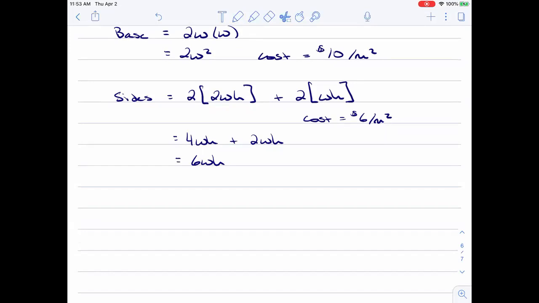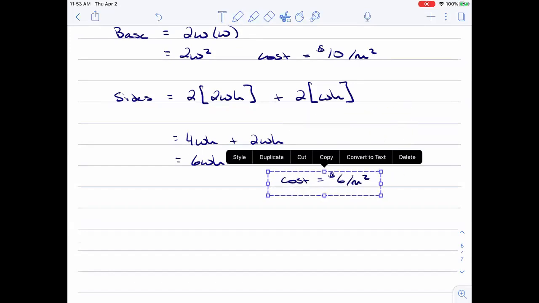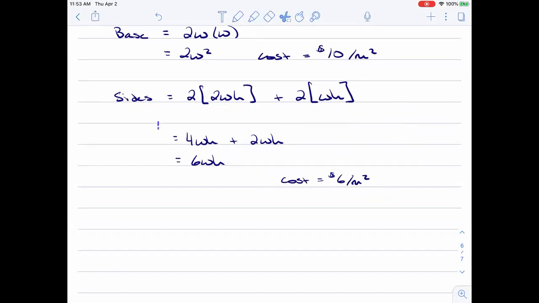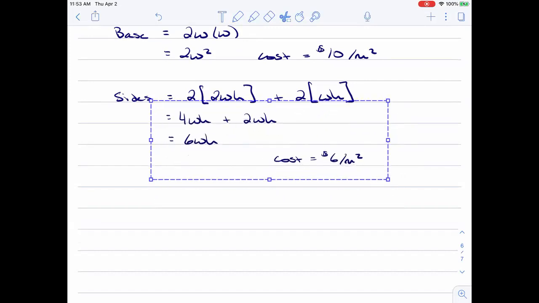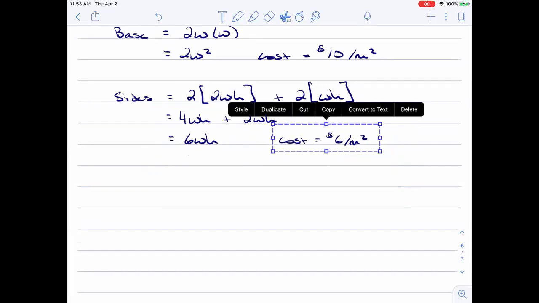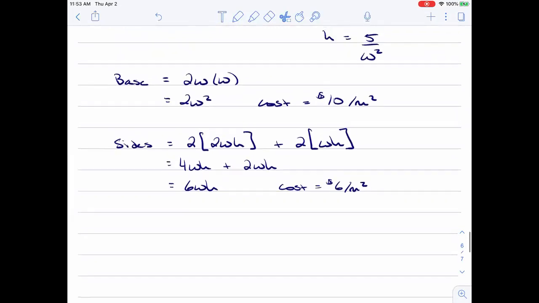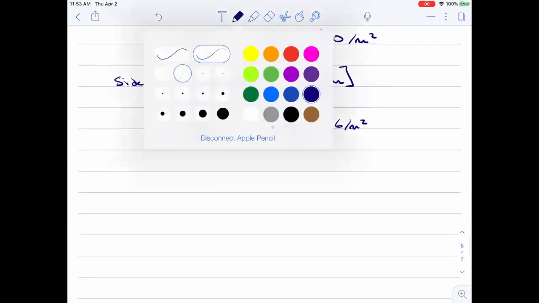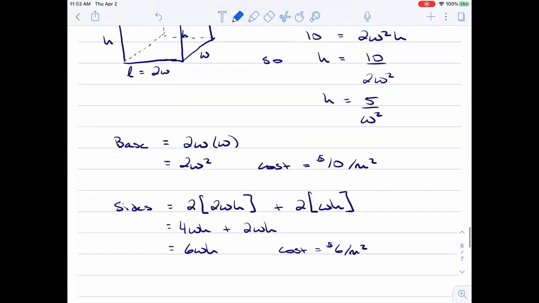And then I'll move this cost down at a cost of $6 per meter squared, and then I can move that up there a little bit cleaner, in fact, to match what I did earlier. So now we've got 2w squared at a cost of $10 per meter squared, 6wh at a cost of $6 per meter squared. Remember that h, we already solved for h.